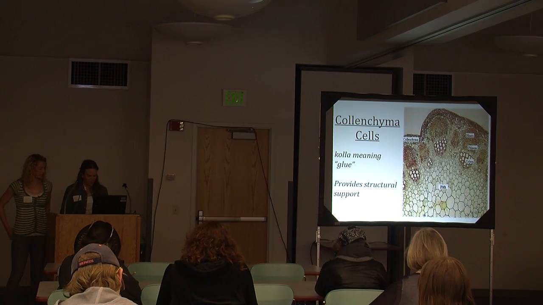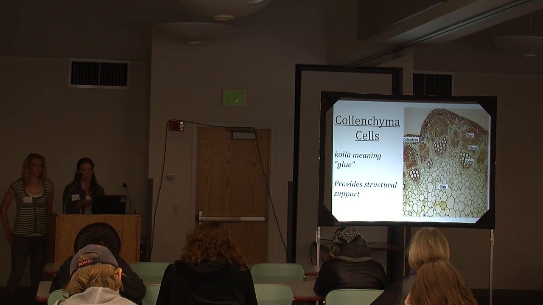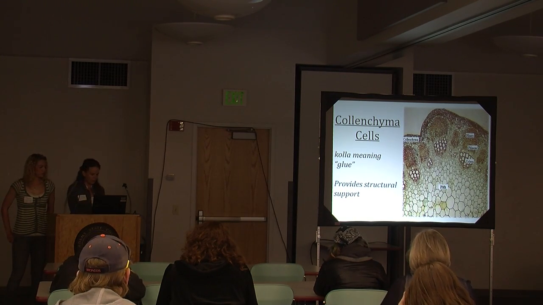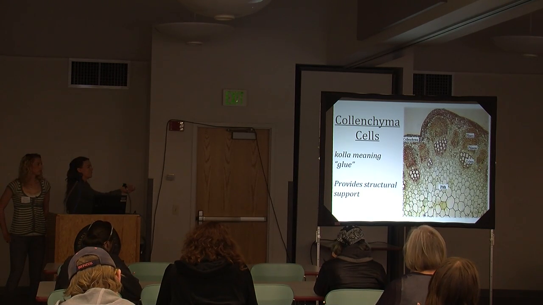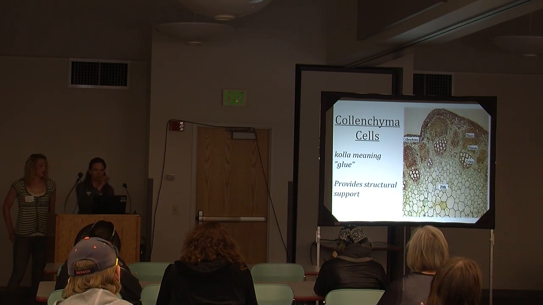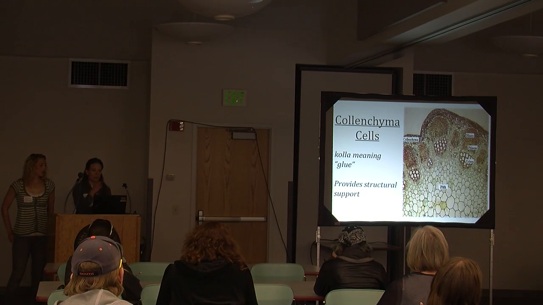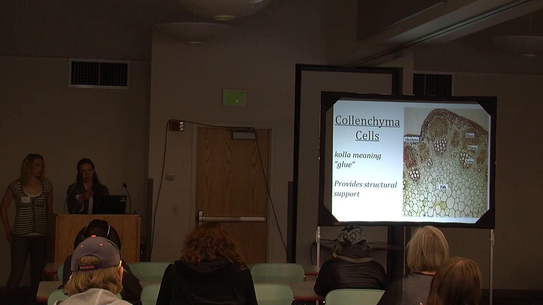Collenchyma cells are elongated and have unevenly thick walls. As you can see here, maybe up around this edge, you can see dark blotches, and those are the unevenly thickened walls.